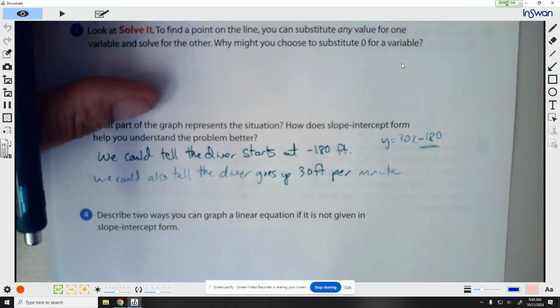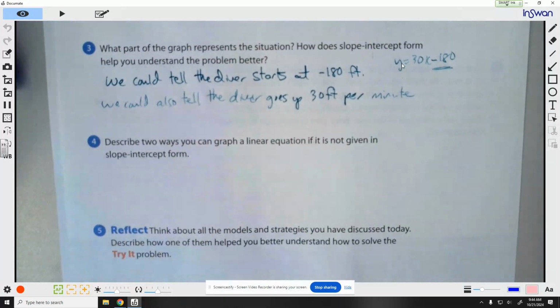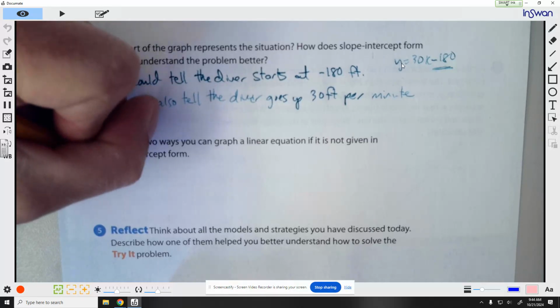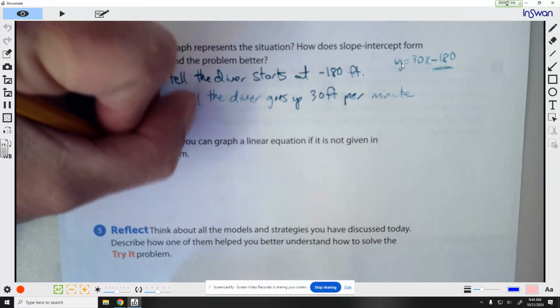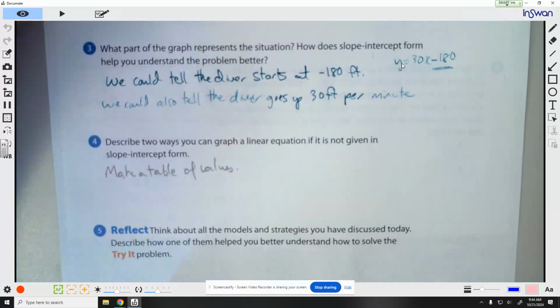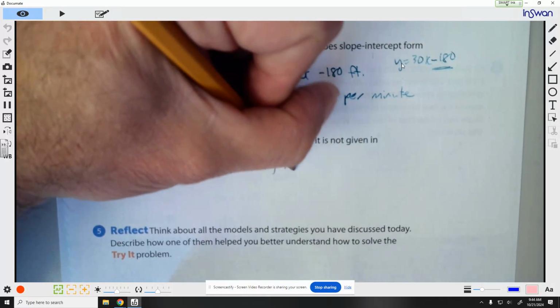Okay, number 4, describe 2 ways you can graph a linear equation if it's not given in slope-intercept form. So we did one way. We could make a table of values. Okay, and that was our XY table that we made.